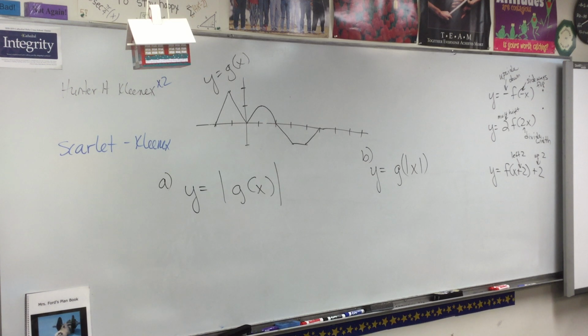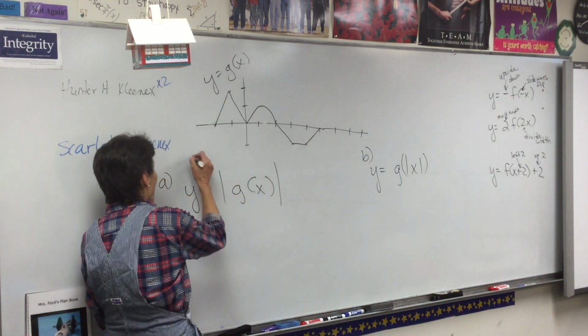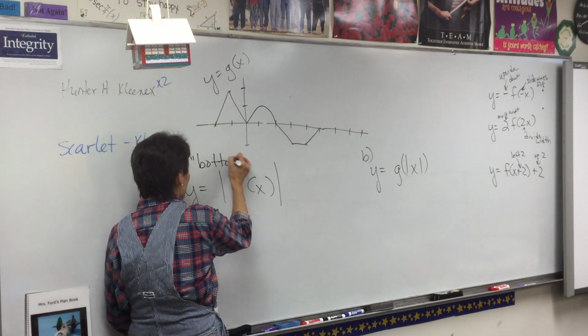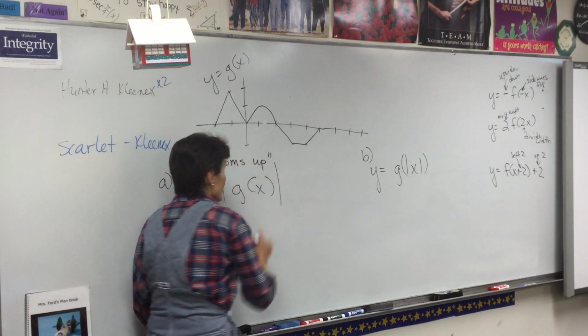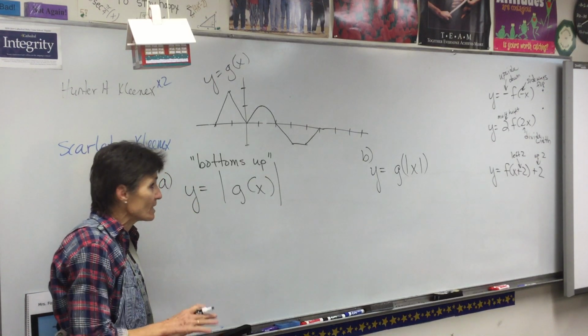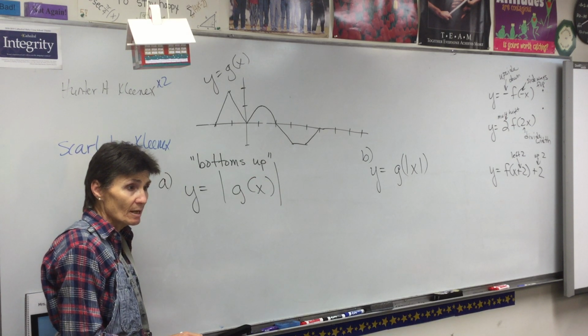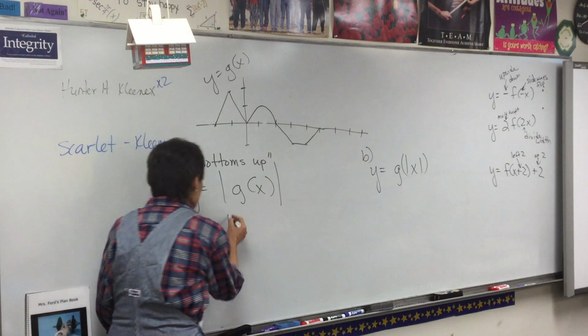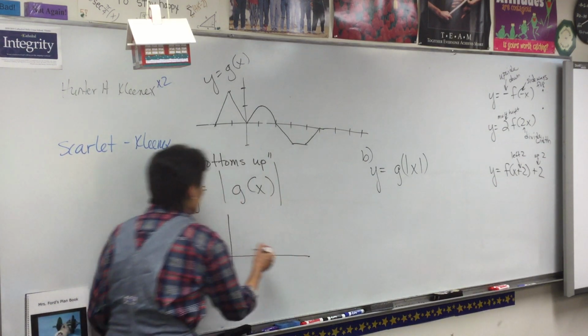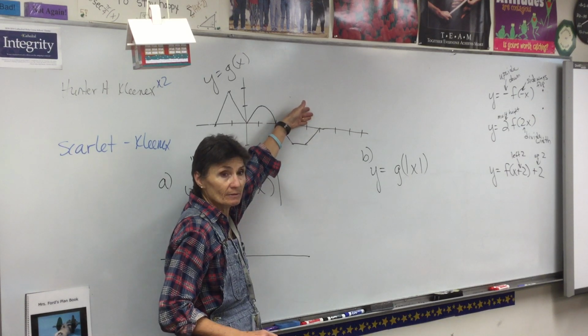Now, when you have the absolute value of the whole function, I think of this as bottoms up. Because when you take the absolute value, you know this from everything you've ever done, it becomes positive. So anything that is in the bottom of the picture is going to become positive.